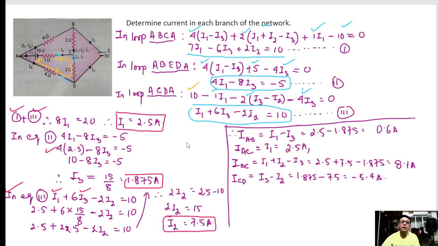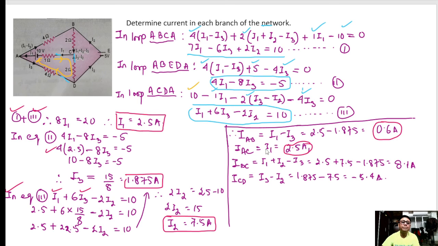Okay. They told us to calculate the current in each branch. That means in every branch. In the branch AB, how much current is going? I1 minus I3, which is coming this. In the branch AC, current flowing is I3, which is this. In the branch AC, current flowing is I1, which is this.